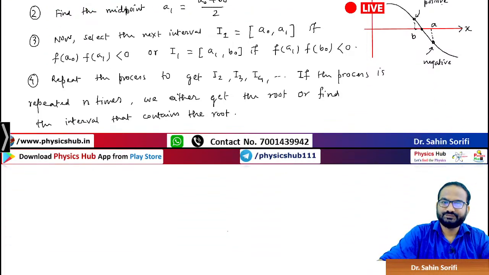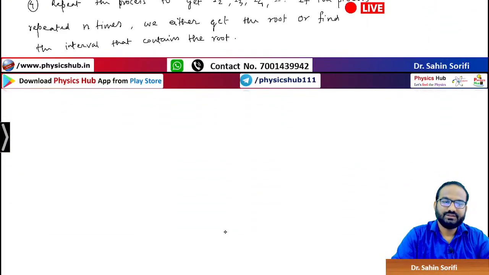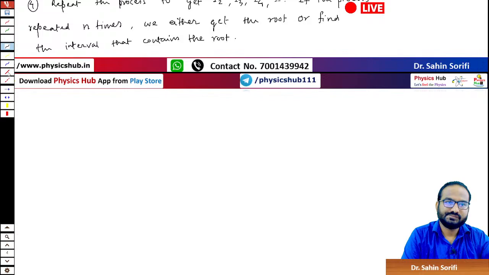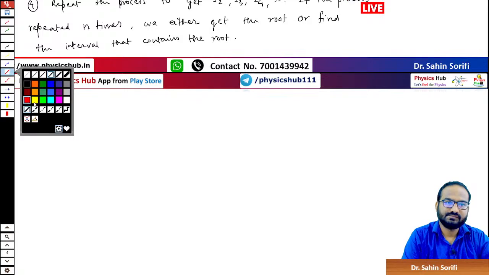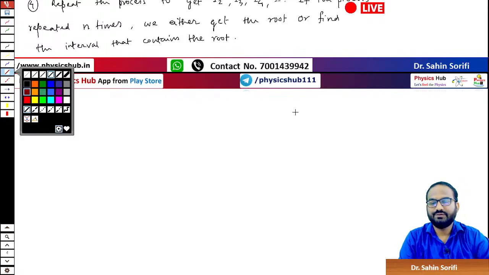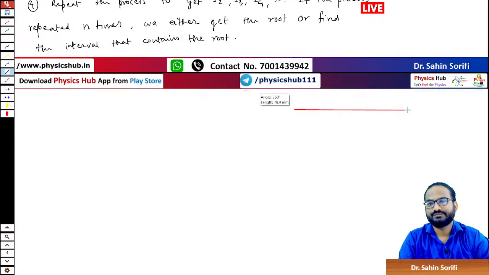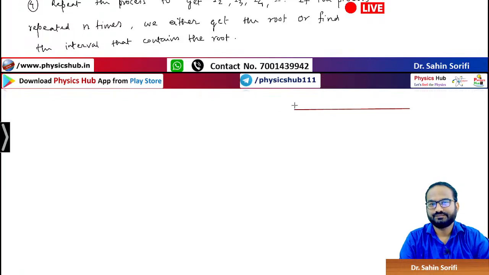Let me show you in this way. So let's say you started from here. Okay. This is A0 and this is B0.